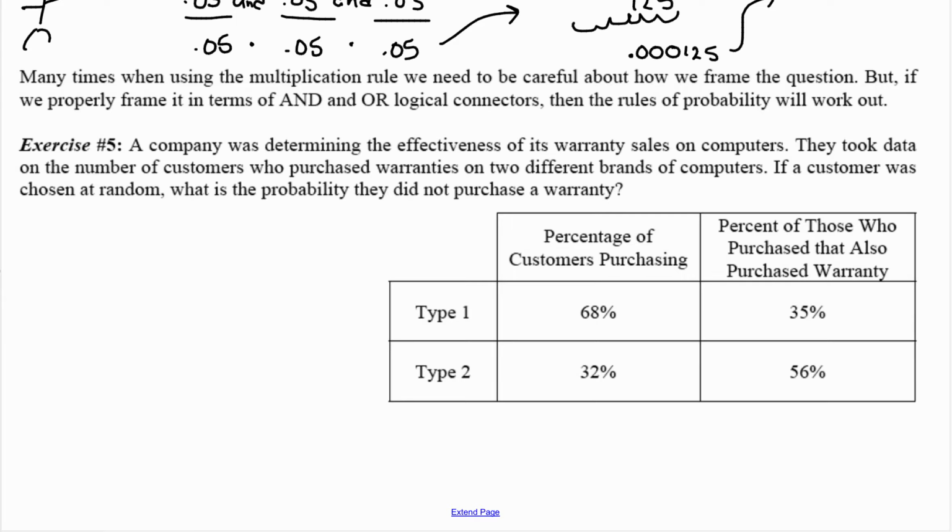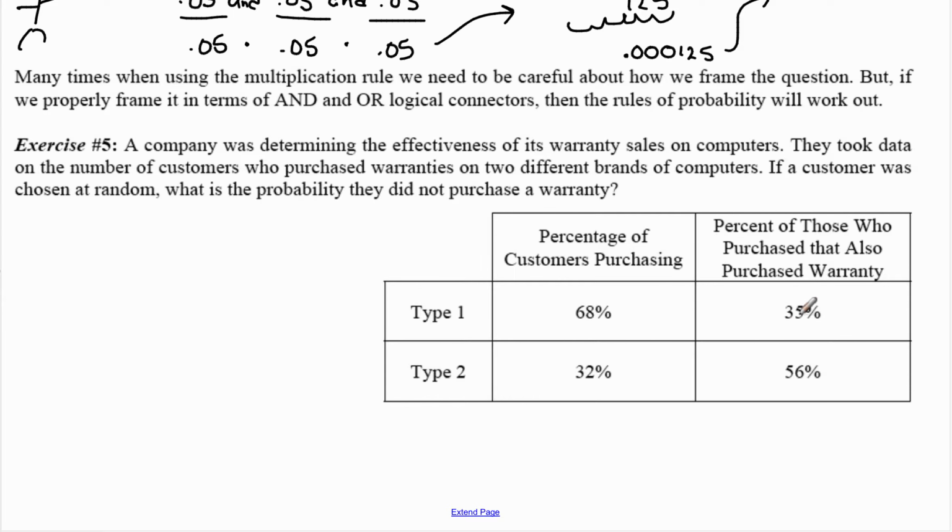All right. And the last problem we're going to look at is a two-way table. So just so we get a little more practice on reading a two-way table. A company was determining the effectiveness of its warranty sales on computers. So a warranty sale. You know, that's when you go in and you buy something and then you get to the cash register and they're like, hey, listen, we'll sell you an extra set of protection because let's say your computer fails in 2 years, you're not under warranty.